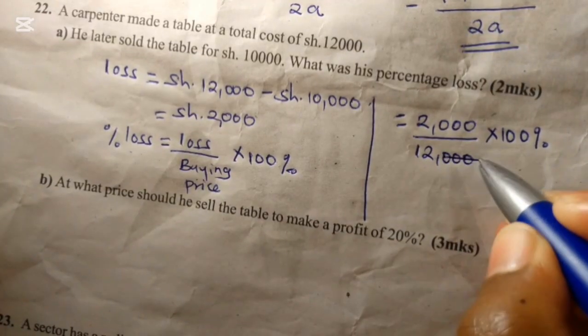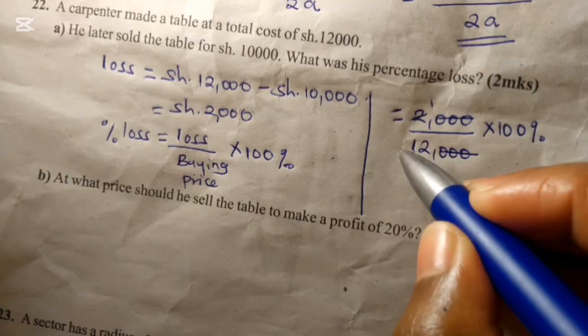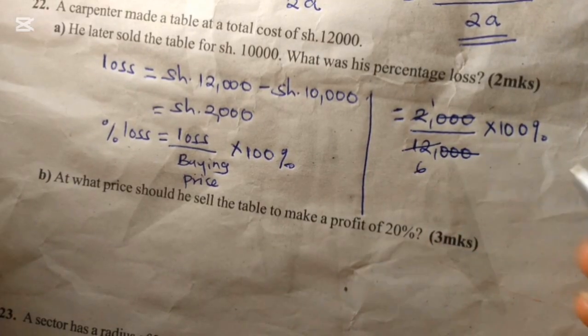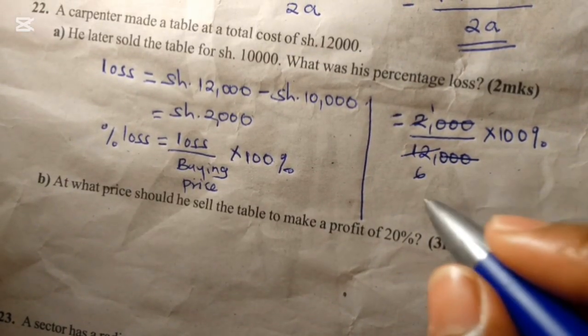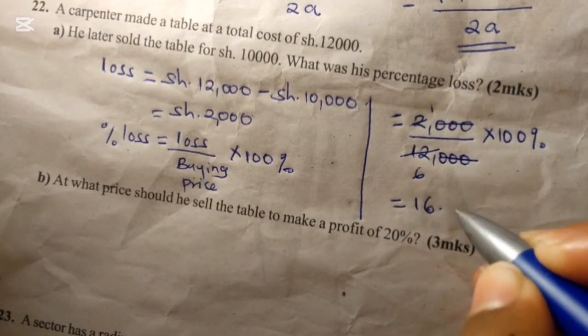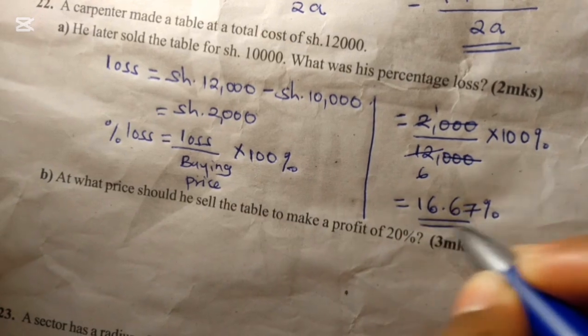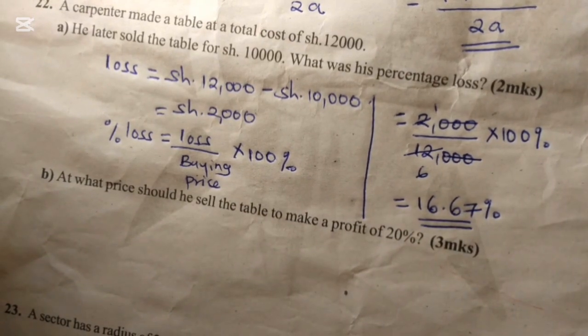And then we can see that these 3 zeros will cancel. By 2 we'll have 1. By 2 we'll have 6. And 100 divided by 6 will be 16.67%. You can confirm that from your calculator.